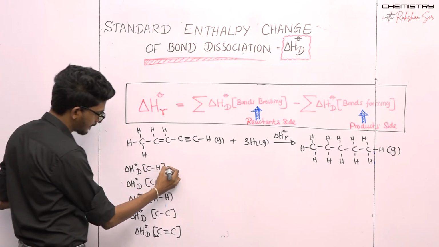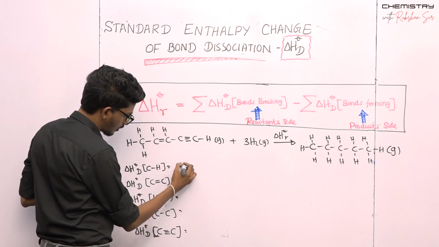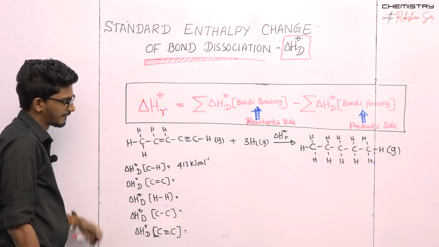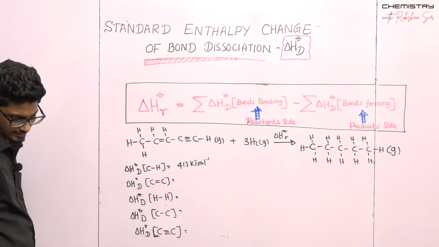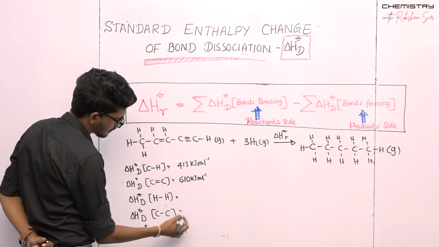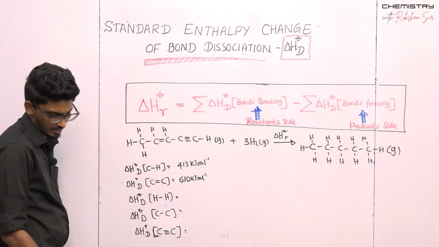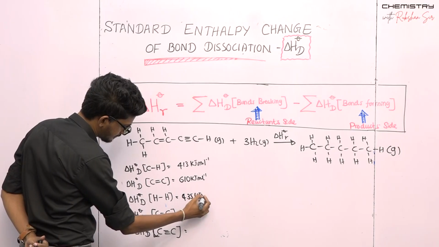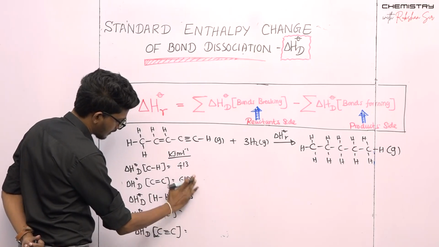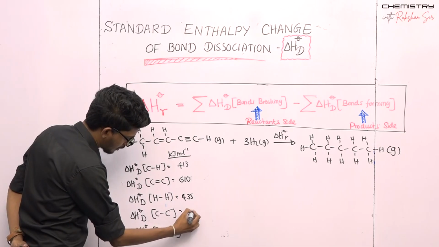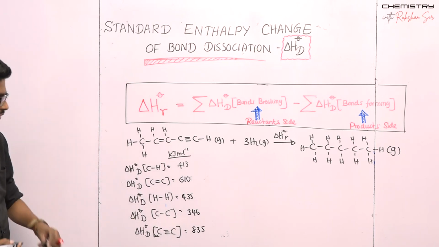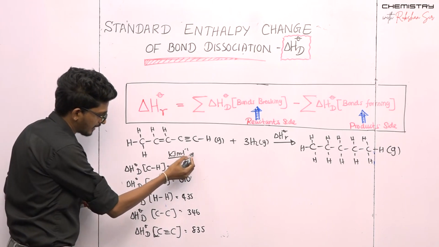And the values are 413, these are positive values, then 610, then 435, then 346, and finally 835. Yes, those are the data provided.